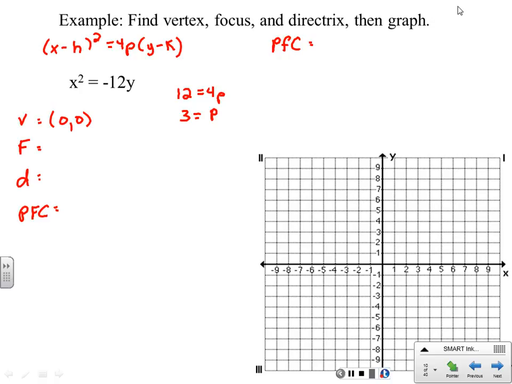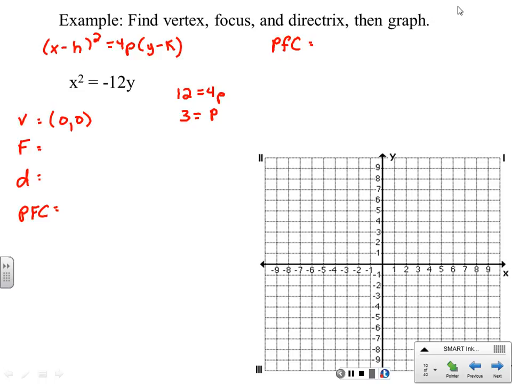Now, okay, let me rephrase. If you are going to use your formula page, and like I said, this is where I go away from the formula page, P is -3. You do need that sign. But for my purposes, the way I do it, I don't use the sign, because when I see that -12, I automatically know the direction of the parabola.